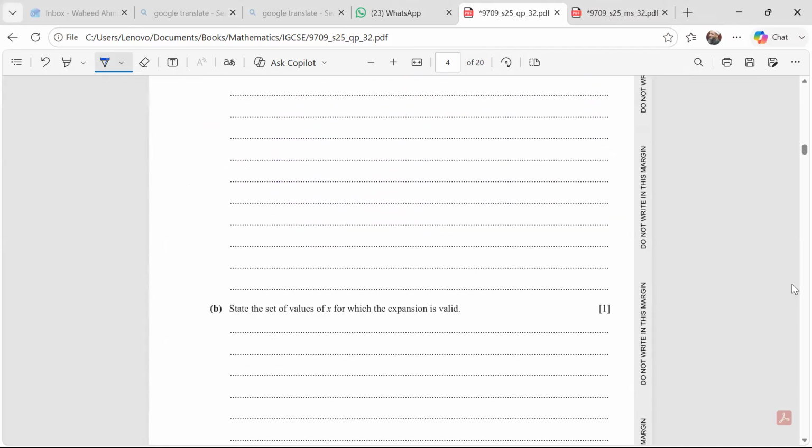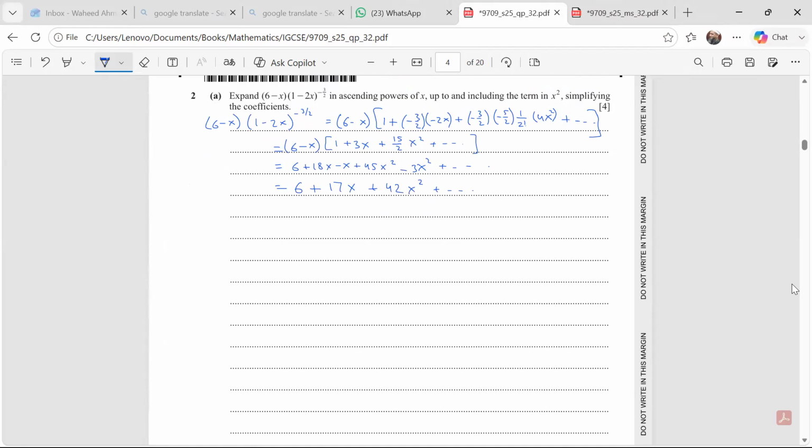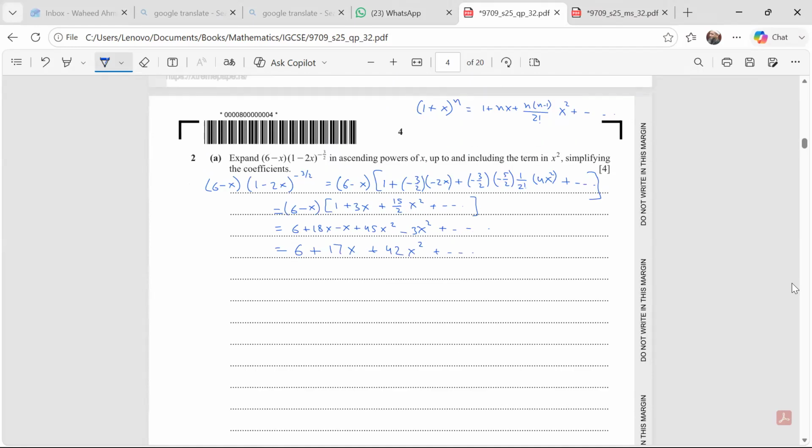Now part B: state the set of values of x for which the expansion is valid. This is very important. I wrote this formula that (1 + x)^n is equal to this expression, and it is valid only if the absolute value of x is less than 1.